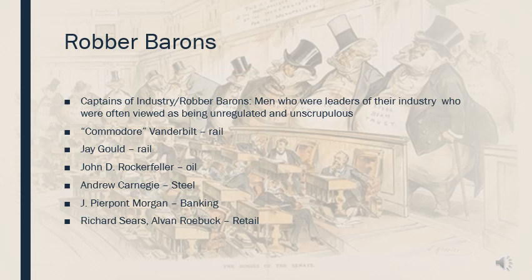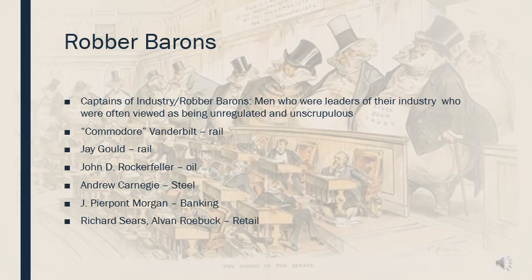Now, those people at the top were oftentimes known as robber barons. They could also be called captains of industry, and it depended on where you sat as to whether or not they were good guys or bad guys. In general, though, they were men who were the leaders of their particular field of industry.